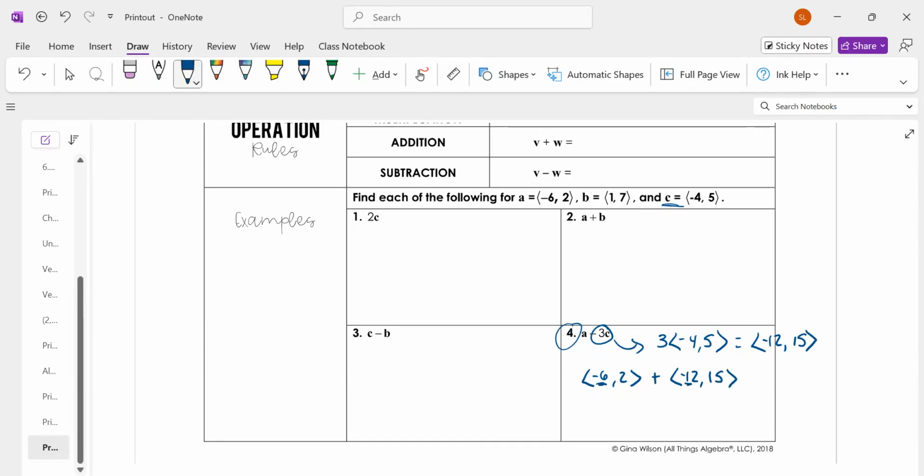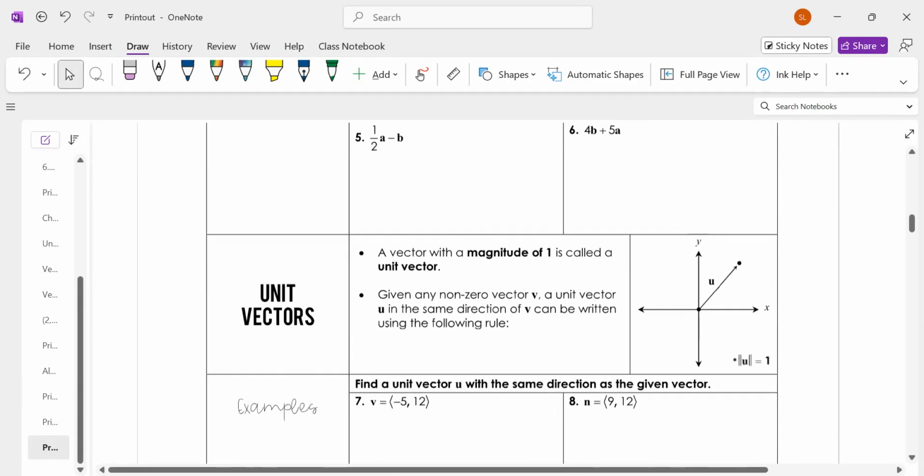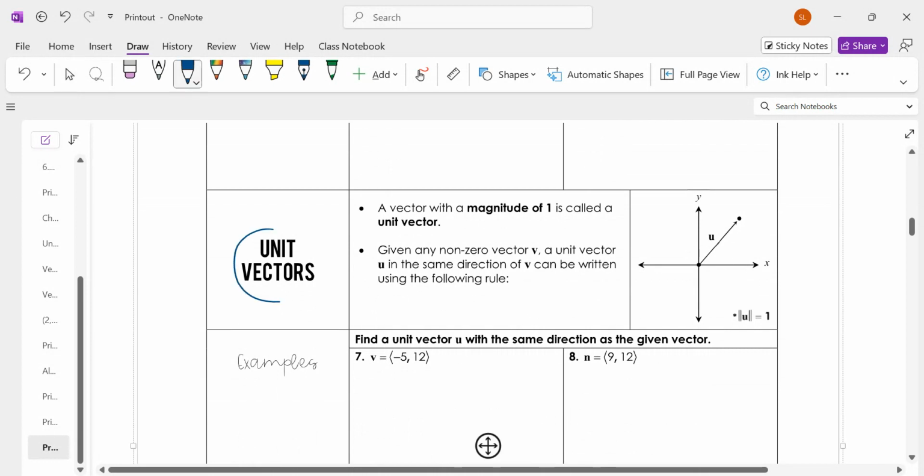And we want to add the x values together, the y values together. Let's see, it should be minus. So subtract your x values, subtract your y values, you got your new vector. So a couple more examples for you that you can practice with.